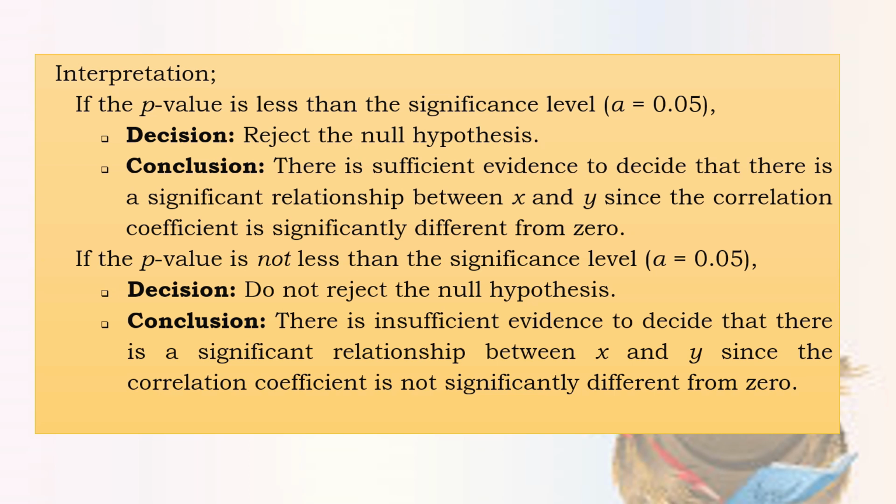For safety, we will use do not reject. The conclusion will be there is insufficient evidence to decide that there is a significant relationship between x and y, since the correlation coefficient is not significantly different from 0.